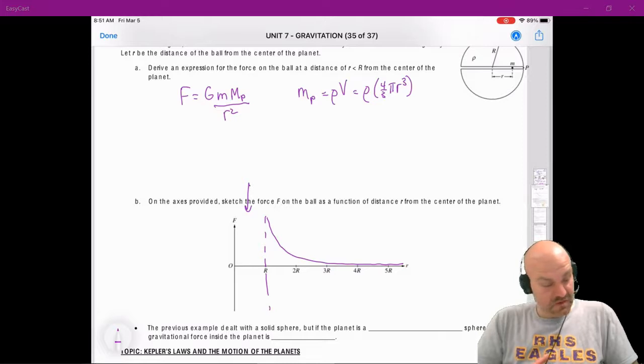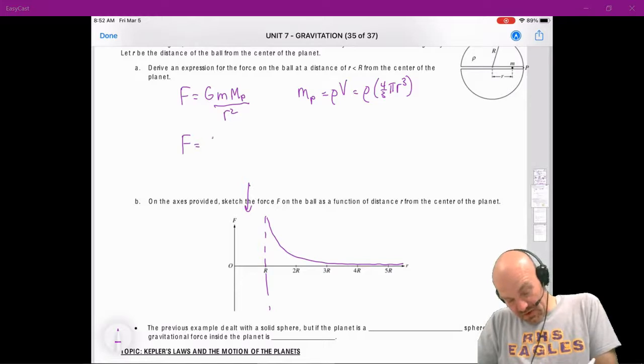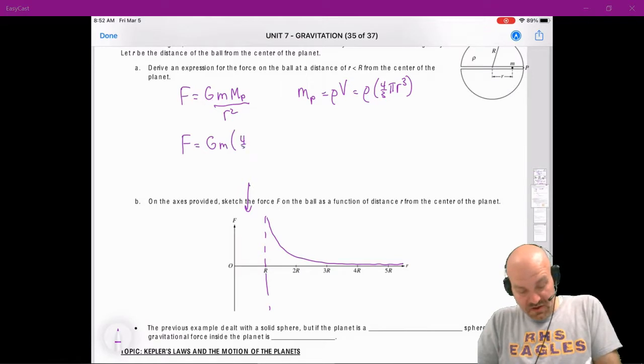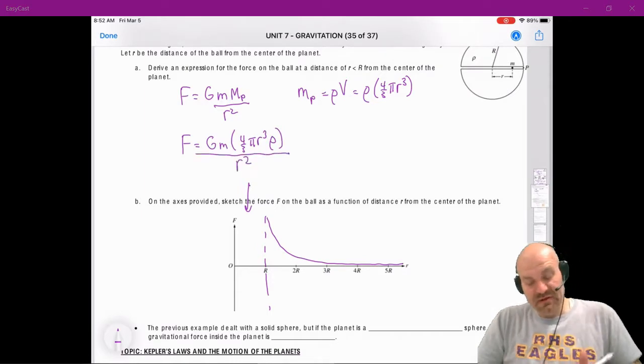So I can plug that in. I'm going to say F equals G m times 4/3 pi r cubed times rho, divided by R squared. Now these R's are actually capital R's, because we're talking about the radius of the planet and everything.